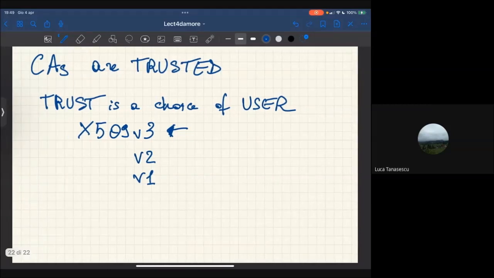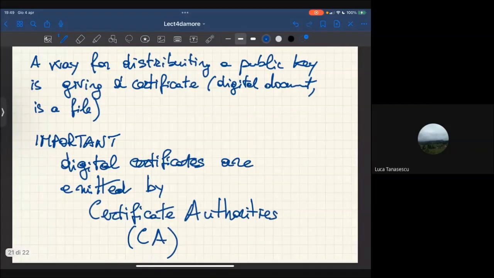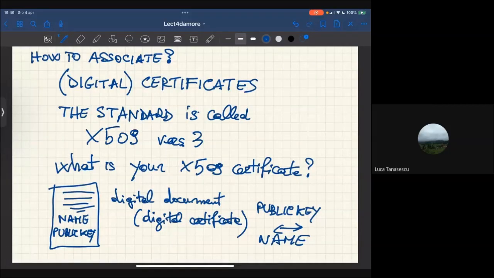So this document is having this information. Very typically is having another couple of information that is a start date and a stop date.